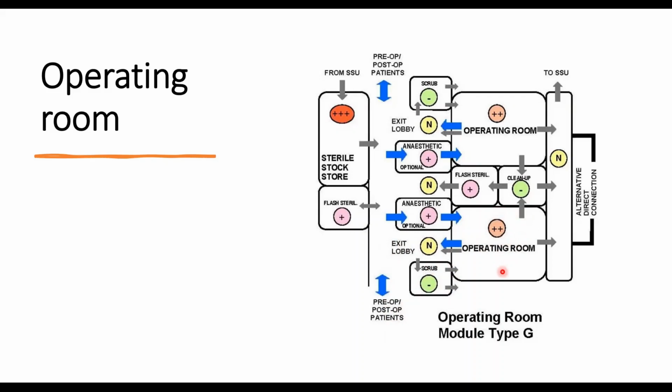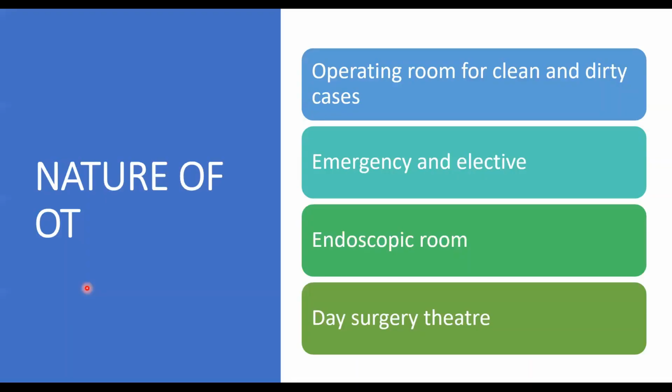The instruments, after the surgery, are cleaned in the clean room here, and the biohazard material is disposed of somewhere here. The clean instruments are returned to the CSSU from this alternative corridor behind. That is the setup of the OT.